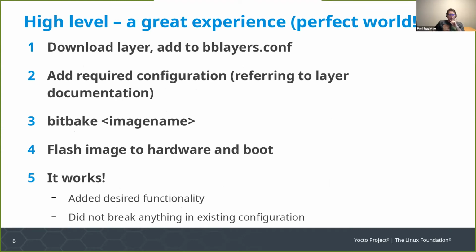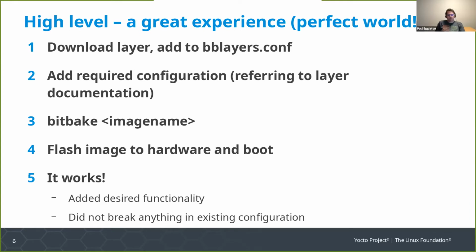So what does a great experience look like for a layer? It would be something like this in a perfect world. Download the layer from wherever it happens to be, add it to your bblayers.conf, add whatever configuration is required to activate the functionality within it. If we refer to the documentation, that should be enough to tell us how to do that.